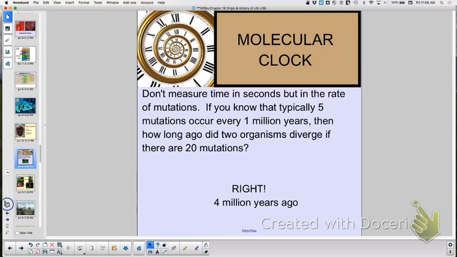Yeah, so if our DNA is the same, but if we've accrued 20 differences between us and we know the rate of a mutation, then that helps you to identify how long ago you diverged. So on your notes, go to the molecular clock. It's based on the principle that mutations in certain parts of the genome occur at a fixed rate and are not tied to what?